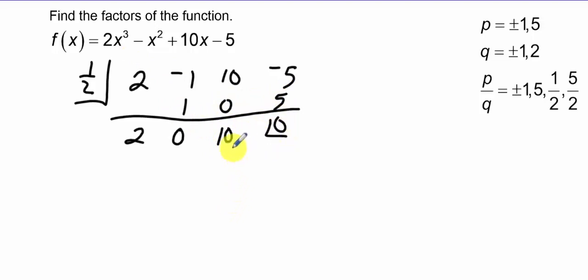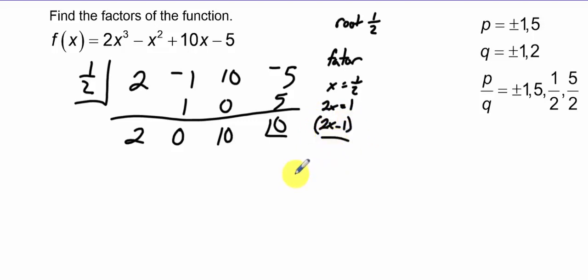Once again, I have a root of a half and a factor of, in this case, if I have x equals a half, then I'm going to multiply by 2, giving me 2x equals 1, and then set it equal to 0. So 2x minus 1 would be my factor.